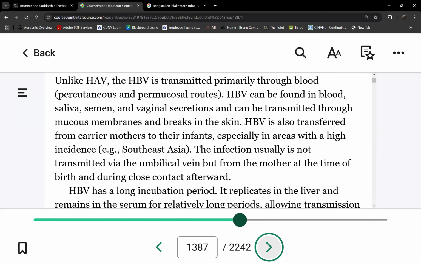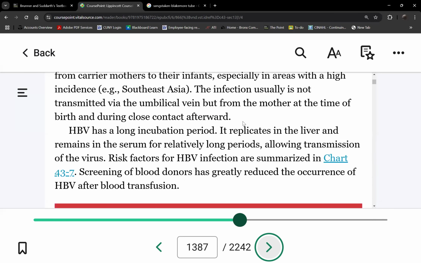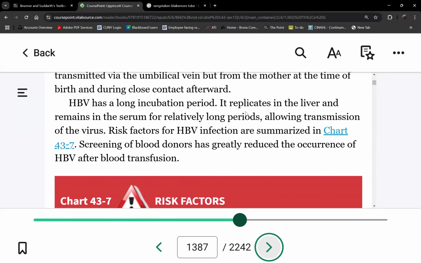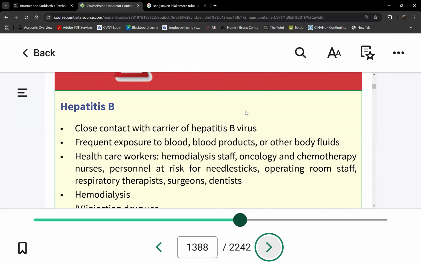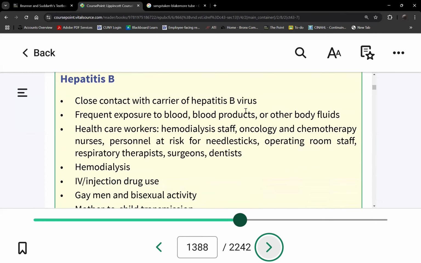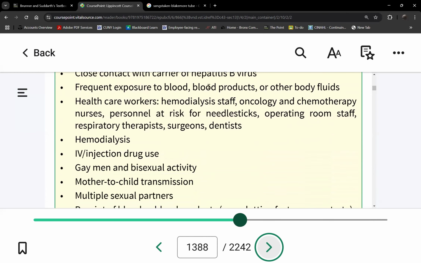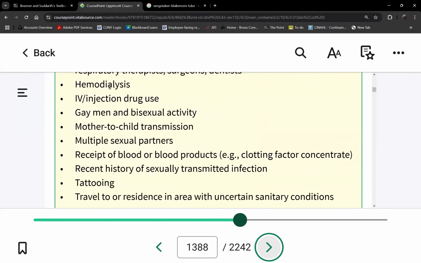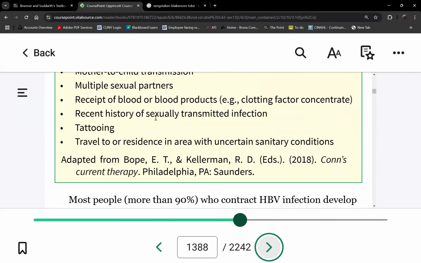Right, hepatitis B. Transmission, of course, is blood to blood, so IV drug use, unprotected sex. Here are your ways to get it: close contact, frequent exposure to body fluids, hemodialysis, IV drug use, contaminated needles, unprotected sex, especially M to M or multiple sex partners.